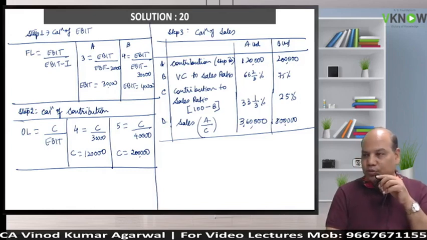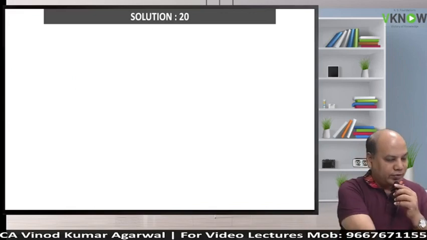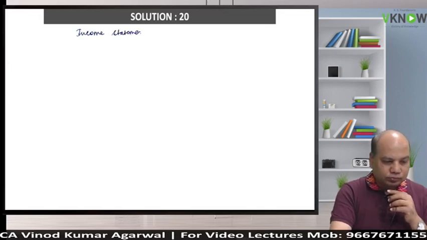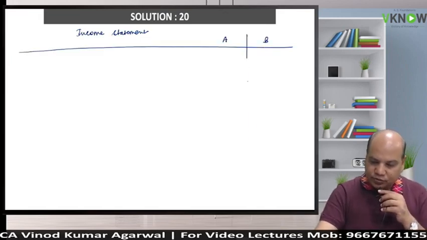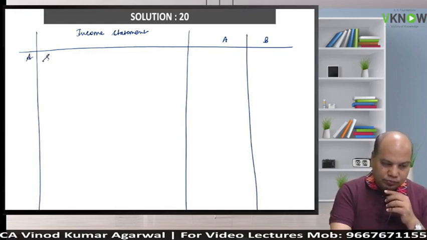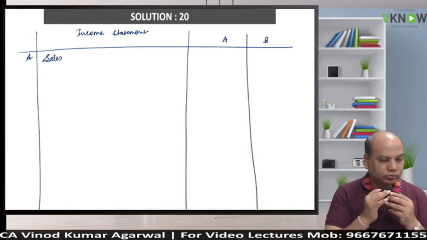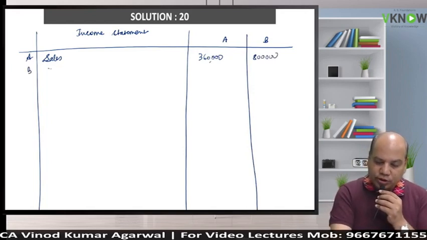So now we have got all the missing data. We can find out some more missing data in the table directly. Are you ready? Yes, sir. So write down income statement. Right hand side, 2 columns, A, B. First write down point number A, sales. How much sales you have computed? 3,60,000 and 8 lakh. Very good. Reply fast because most of you have already done.